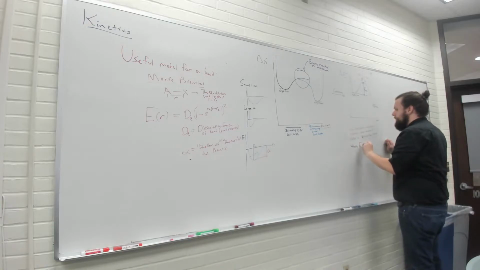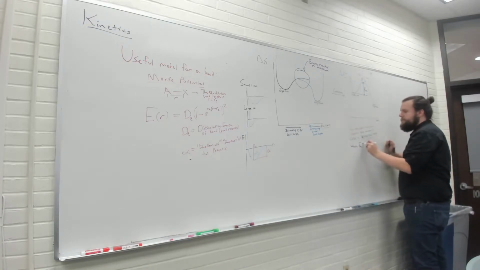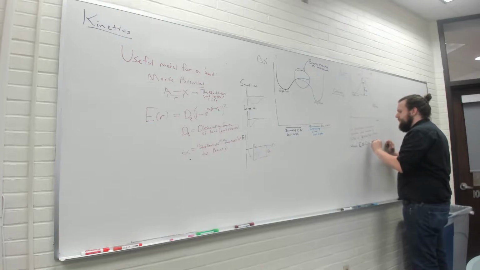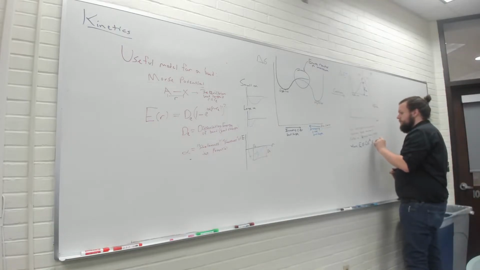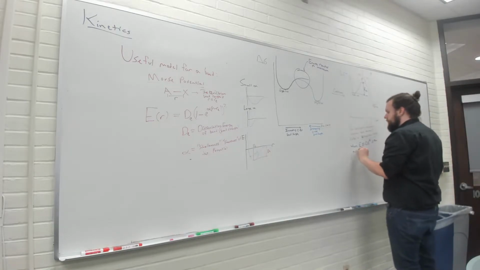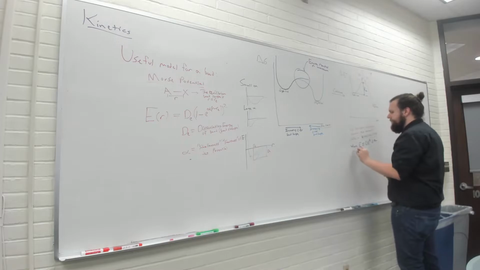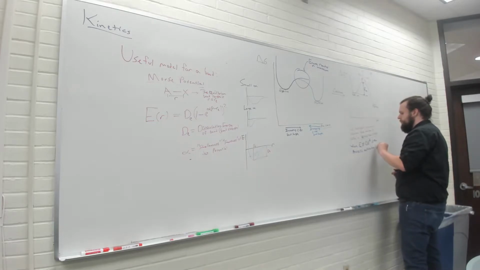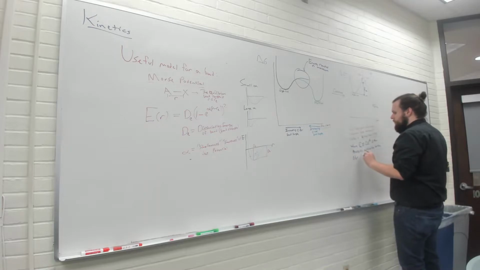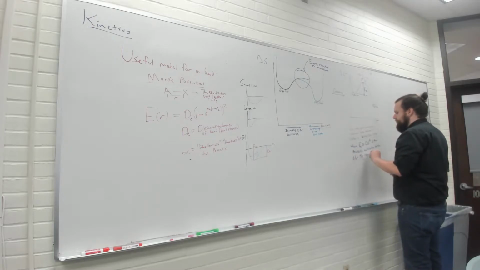Where E sub A, sometimes the book calls it delta G double dagger. If you see double dagger, think transition state. It's the activation barrier, or the energetic barrier, excuse me. Energetic activation barrier between the reactants and the transition state.